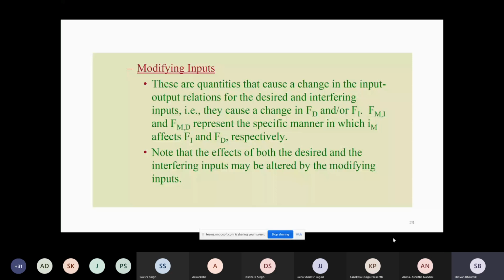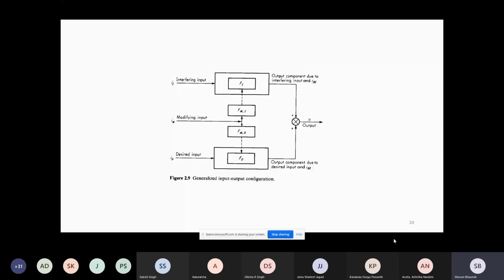Now it's very interesting. You see, what do we want in this picture? We want the output due to only this. We don't want these other blocks, but we cannot avoid them. In the process of designing a measurement system, these unwanted blocks come into the picture, where the interfering inputs and the modifying inputs go to the output, and we get an output which is the addition of something on top of the desired input.